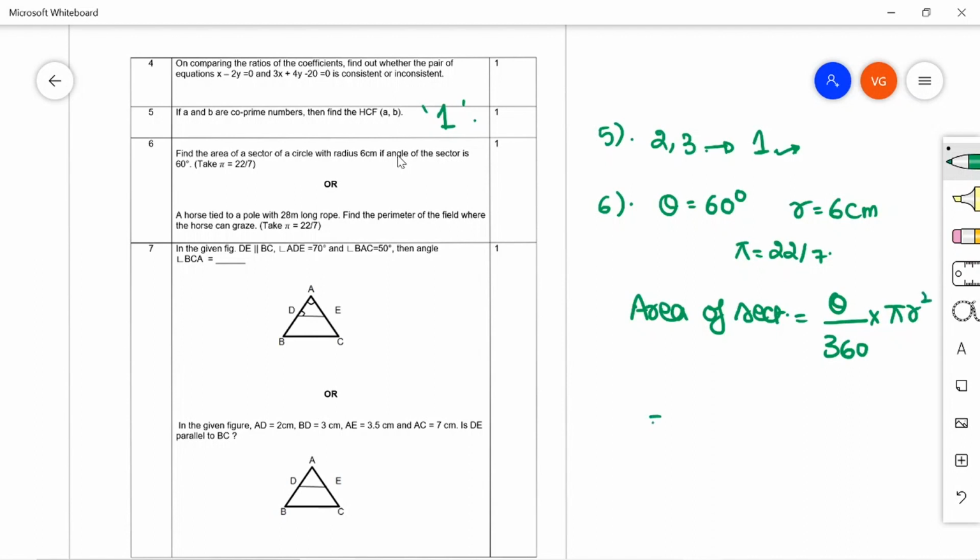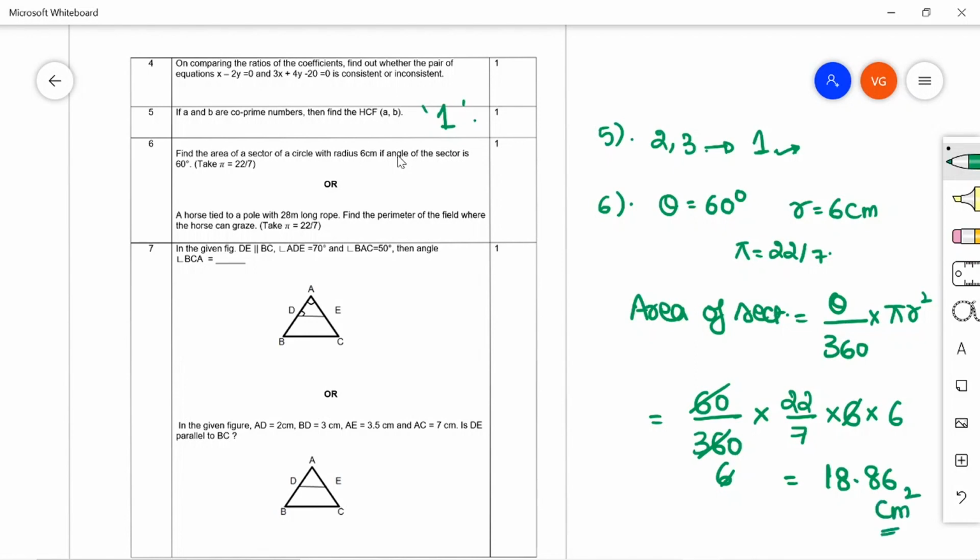Substitute. You will get theta here 60 divided by 360 into pi is 22 by 7, r is 6, so 6 into 6. This will get cancelled. So you will get 22 into 6 divided by 7, approximately 18.86. The unit is centimeter square because you're talking about area.